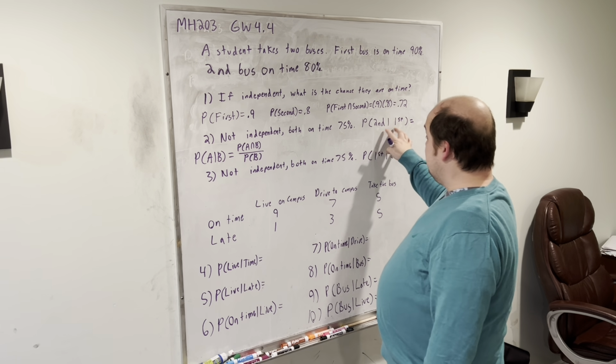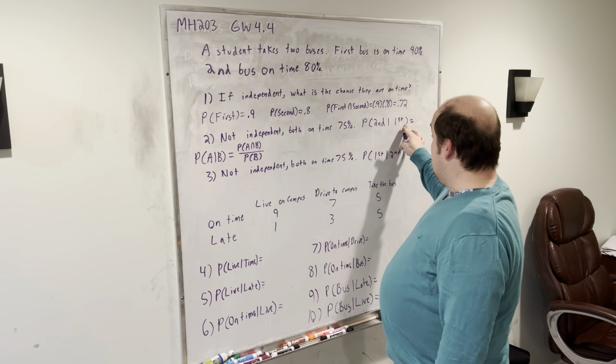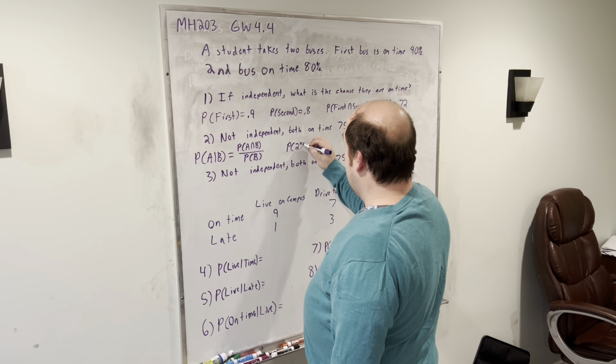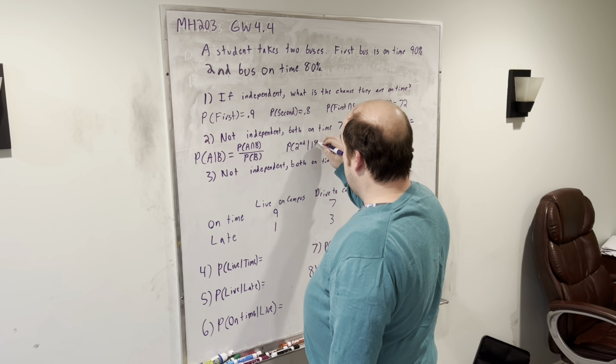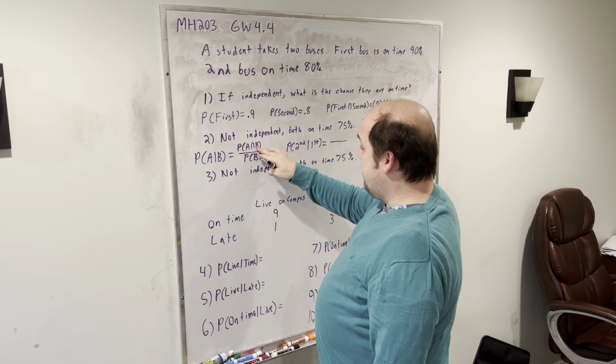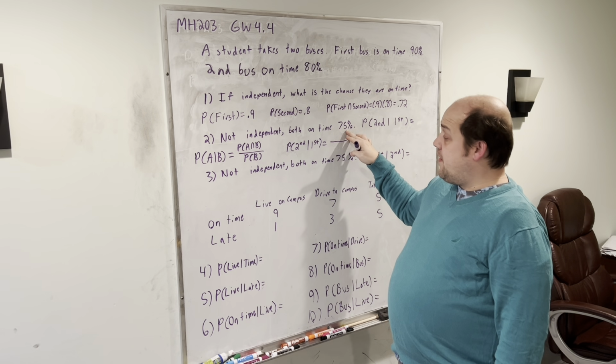If we apply that to the way I've set up second given first, this probability, P of second given first, has to equal, as a numerator, the probability of them both happening together. Well, we were told that was 75%.